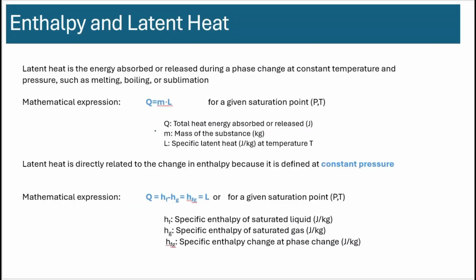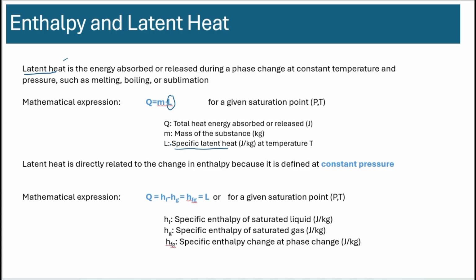So enthalpy is used to calculate the latent heat, especially the latent heat of vaporization, between liquids and gases. The mathematical expression for latent heat is Q equals M times L, where Q is the total energy absorbed or released during a phase transformation, and L is the specific latent heat, in joules per kilogram.